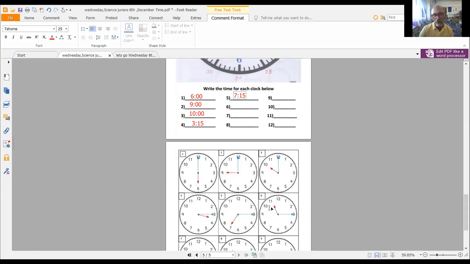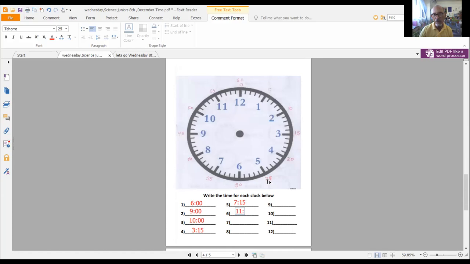Okay. Let's look at number 6. What does number 6 tell you? What number is the hour hand past? It's just past 11. So that means the time for number 6 would be 11 something. 11. And the minute hand is pointing to the 3. So that's how many minutes? Remember, we have a big clock up here showing us the minutes. 1, 5, 2, 10.